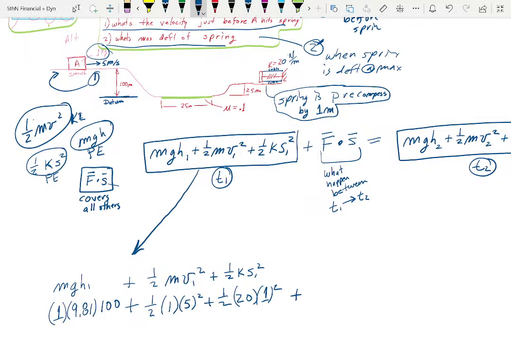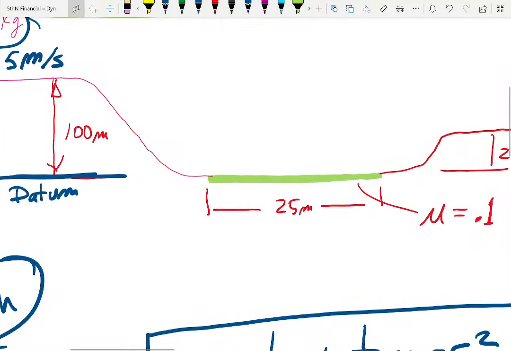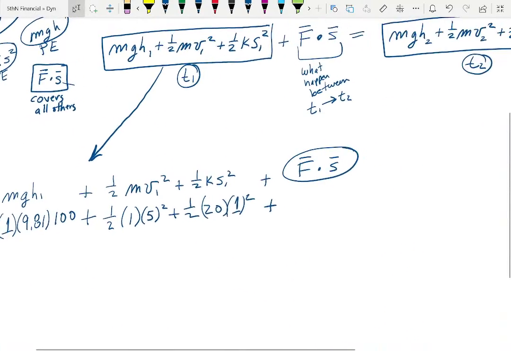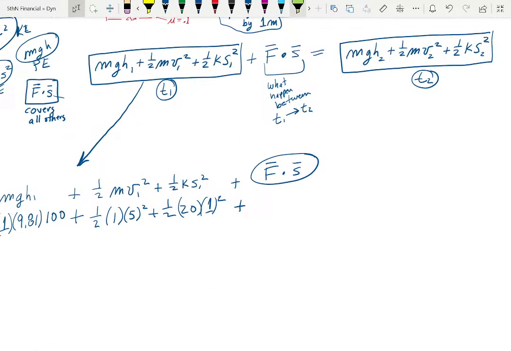Now let's look at this term. So I've got this term, F dot S. How do we do that? Well, here we kind of break it apart and do a free body diagram. So I'm going to copy this green stuff down here, and we're going to focus on it below this. So here's your friction platform, so to speak. Here's your block.